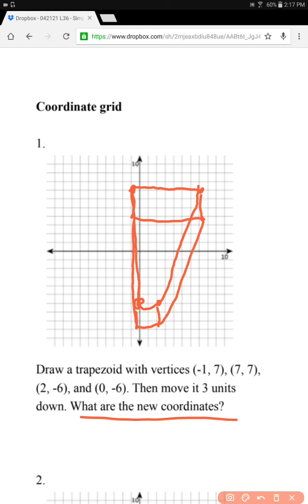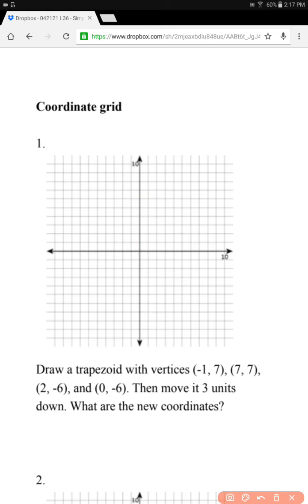So here's a faster method that's easier. We have these points, and when we move something 3 units down, what are we doing to the y value? If we're moving something 3 units down, then we're subtracting 3 from the y value, right?